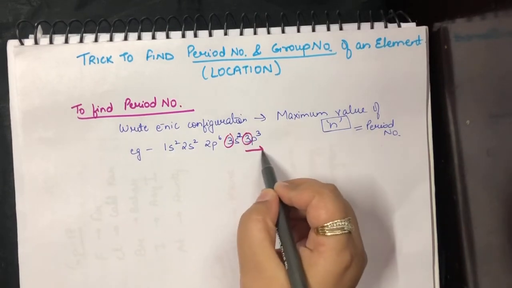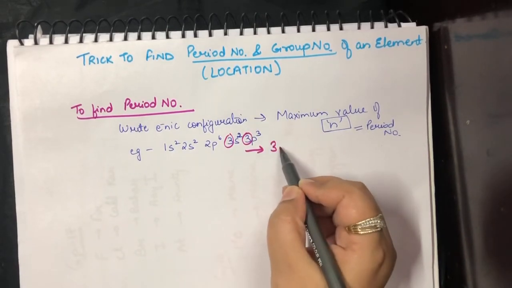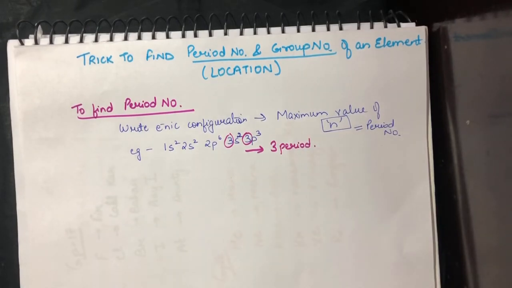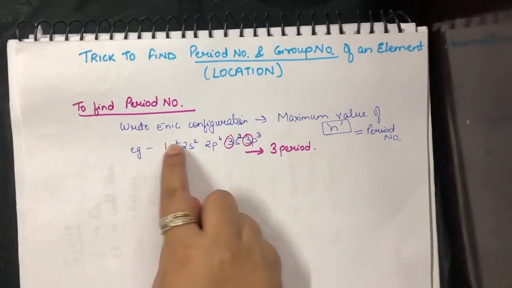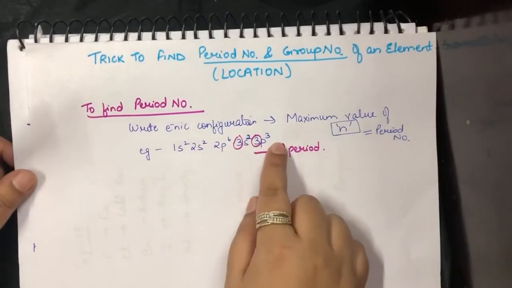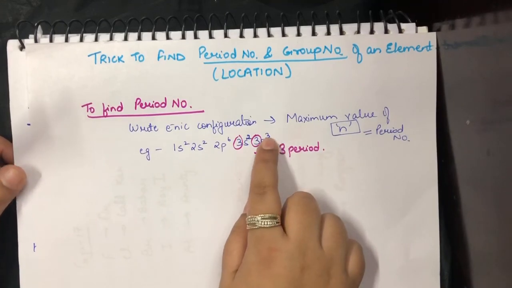So this particular element is belonging to the third period. Now if you want to check, let's check what is the atomic number of this particular electronic configuration. It is 10 and 15. If I add all the powers, that is all the electrons present in that element, it is equal to the atomic number. So it is 15, and 15 according to me is phosphorus.